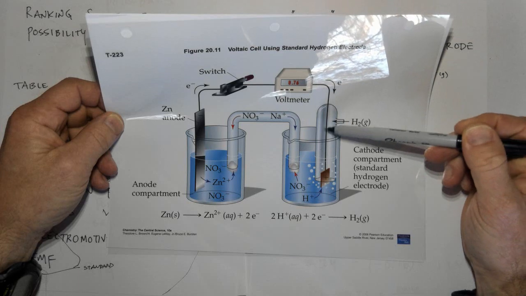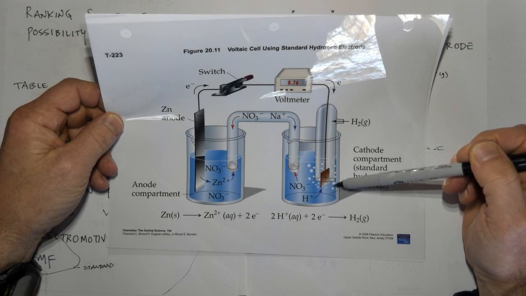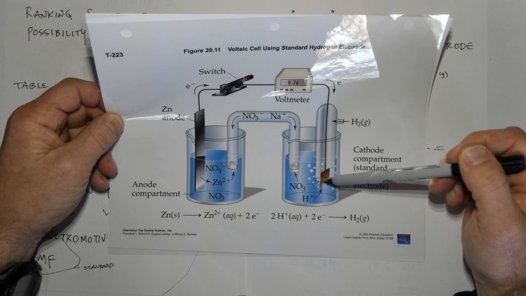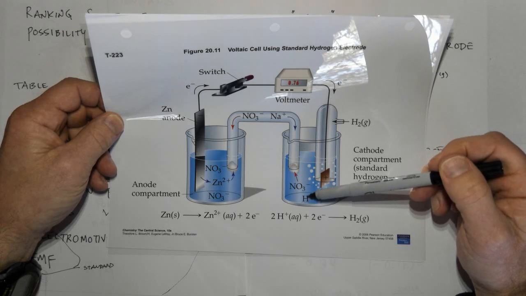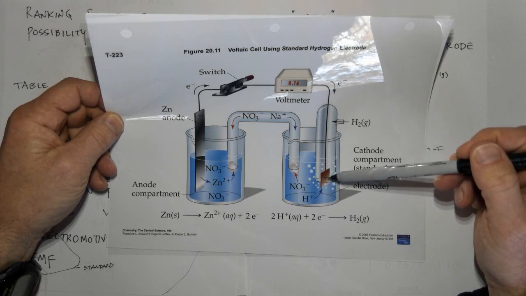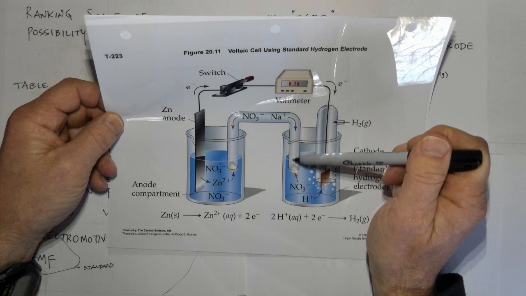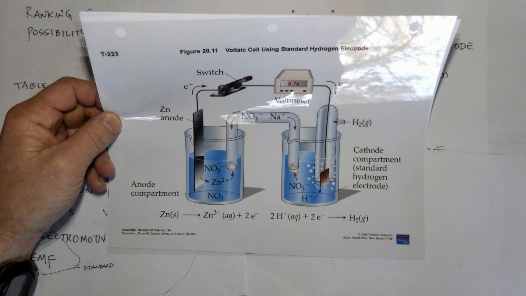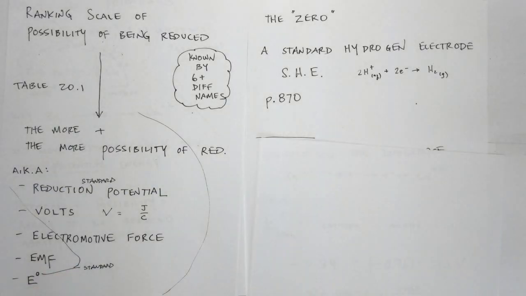It's got hydrogen gas being added to it, and then it has an inert electrode called platinum that doesn't gain or lose electrons at all. It just allows the electrons to move off of it. Then we can see that hydrogen ions right here would be reduced, forming more hydrogen gas. And the anions flow through the salt bridge back to the anode. So that's what a standard hydrogen electrode illustration would look like.